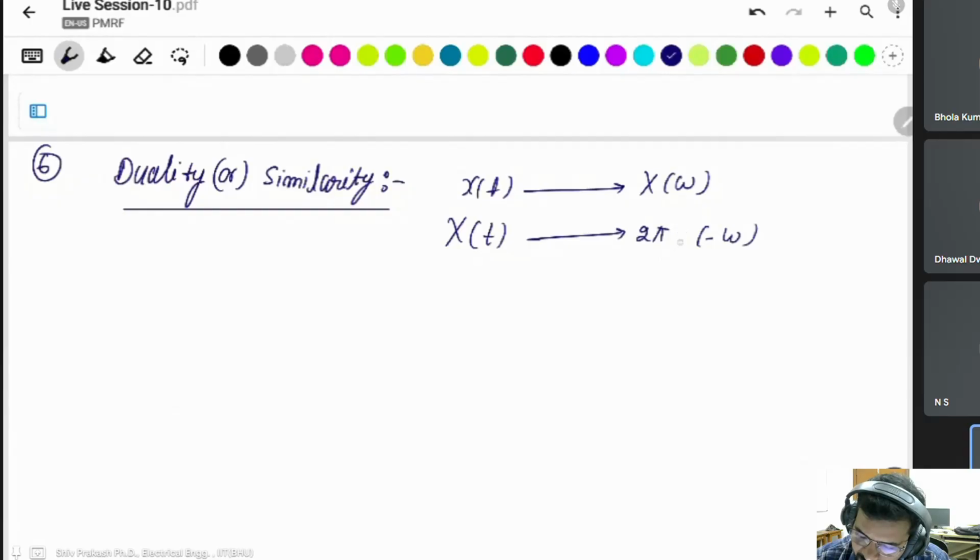Sorry, small x. This will be replaced by minus omega, or you can put that in terms of f also. This will be in frequency domain minus f, since omega is 2 pi f. 2 pi is the scaling. Then if you take a magnitude of this outside, it will be mod of 2 pi, and the 2 pi will be cancelled out.